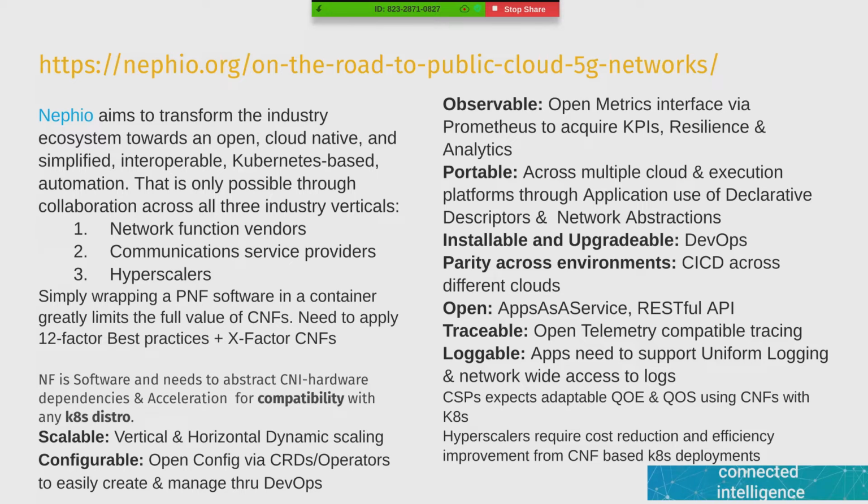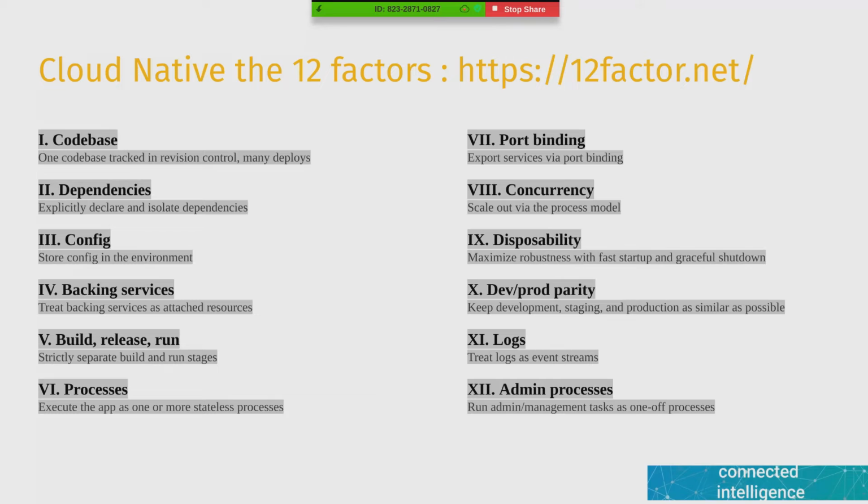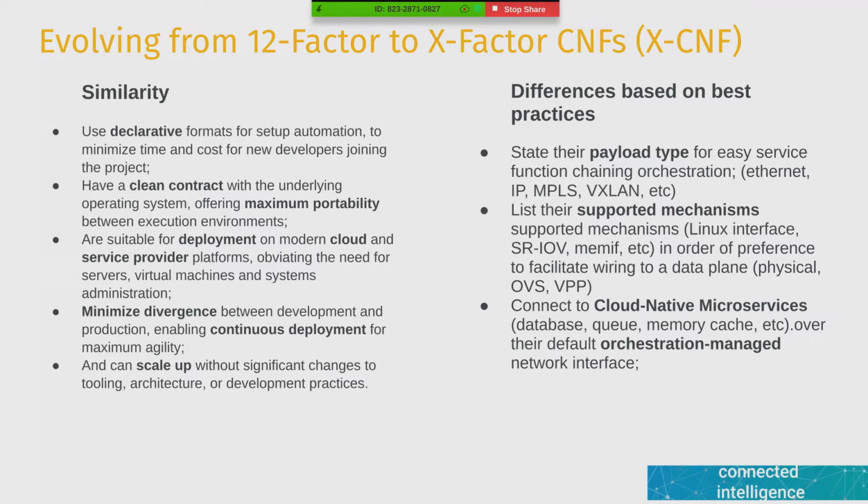Now you will find that besides the 12 factor, which is the standard for cloud native implementation, there is something called the X factor. The Cloud Native 12 factor we already covered earlier, and it's available at 12factor.net. You can refer to that. The X factor, the difference between the 12 factor and the X factor, which is provided by CNF, is that there is a difference in that.